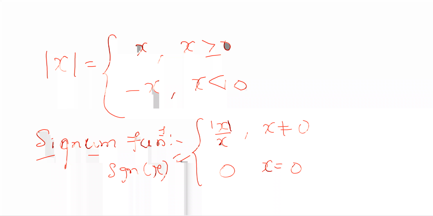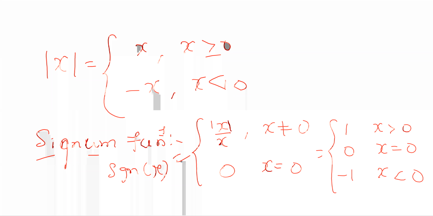We can write this once more: 1 for all x greater than 0, 0 for x equals 0, and minus 1 for x less than 0. For all positive values it takes the value 1, at 0 it is 0, and for negative values it takes minus 1. This is the signum function.